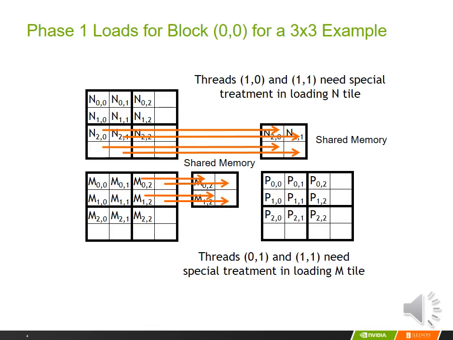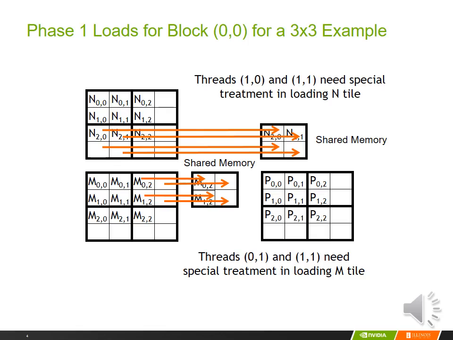Even though conceptually these two threads are loading invalid or non-existing elements of M, in reality, because of the row major layout, these threads are going to be incorrectly loading the next elements, which are M10 and M20 in this case, into their shared memory locations. These incorrectly loaded elements are going to cause an incorrect computation result if we use them in the calculation of the inner product for those P elements.